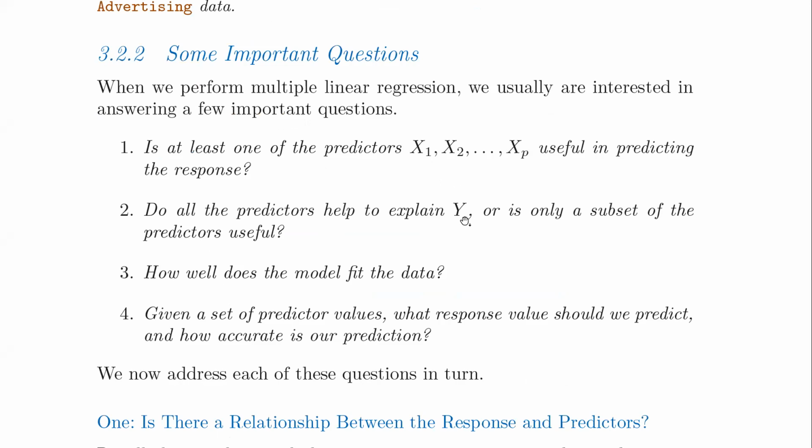And as always, uppercase Y is the variable that we're trying to predict. We're regressing on the p predictor variables. We're looking for a relationship, and we're assuming that it is linear in nature.